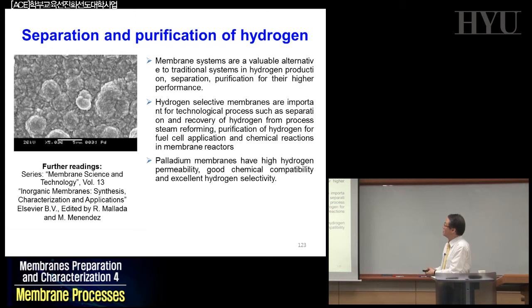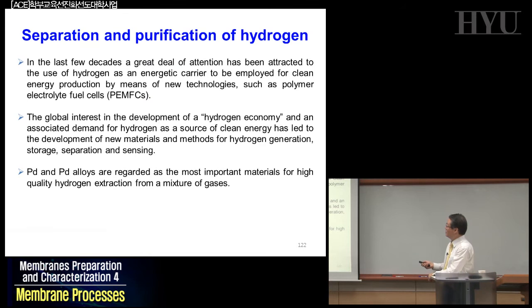Purification and separation of this hydrogen is very important for the future, because you know that the PEMFC, polymer electrolyte membrane system, could be applied to automobile systems, but not only automobiles. They can utilize this hydrogen as a fuel for the home, the electrical generation system at home, because if you're isolated in some areas, it's very difficult to get electricity.